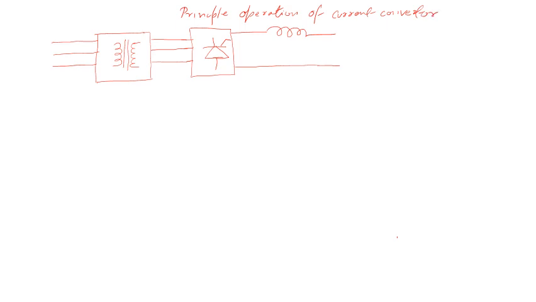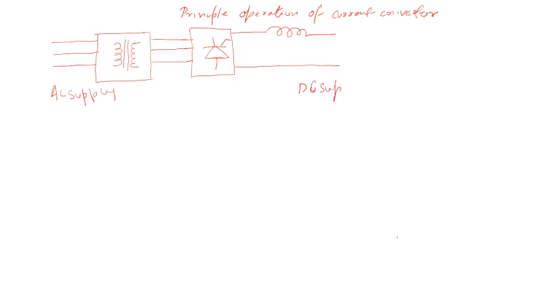Okay. So here, this is your rectifier side, and here you will get an AC supply, and that AC supply is converted to your DC supply.